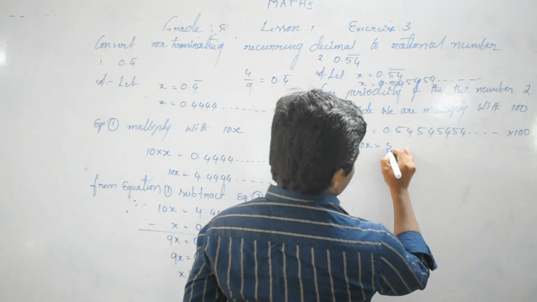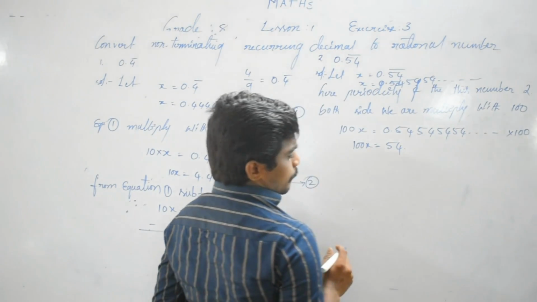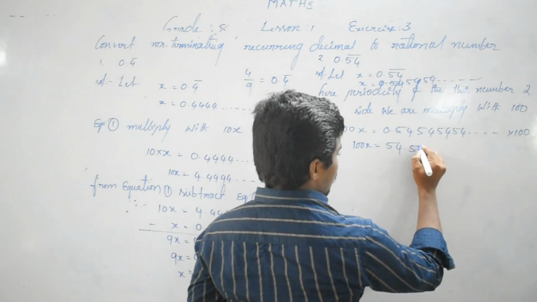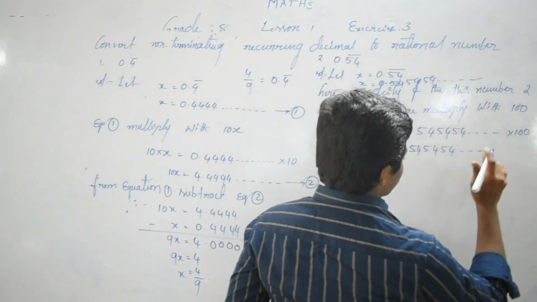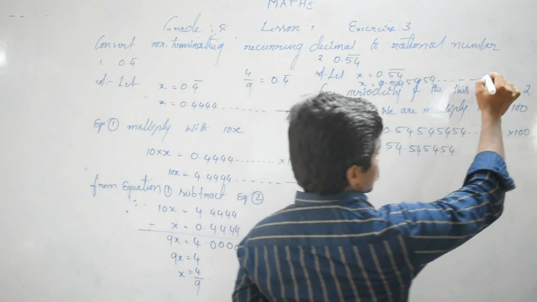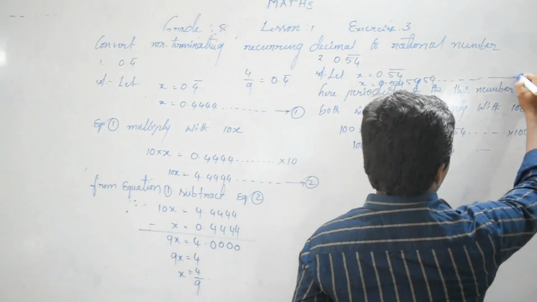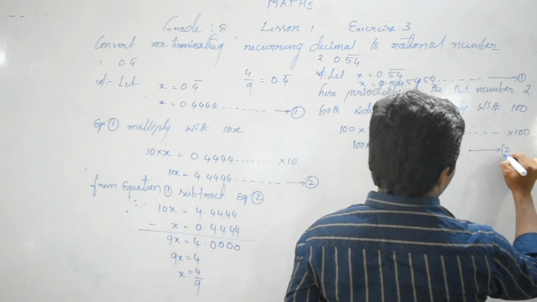Here two numbers move to this side, giving 54.54. So this is equation 1, and this is equation 2.